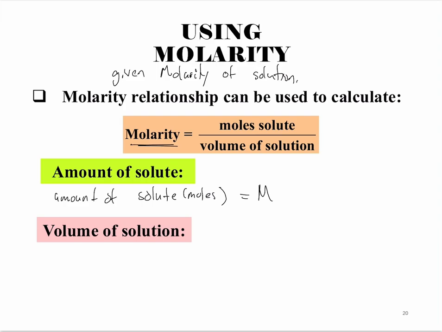If we want to get units of moles, and our units are moles per liter, what would we multiply the molarity of a solution by to get units of moles?